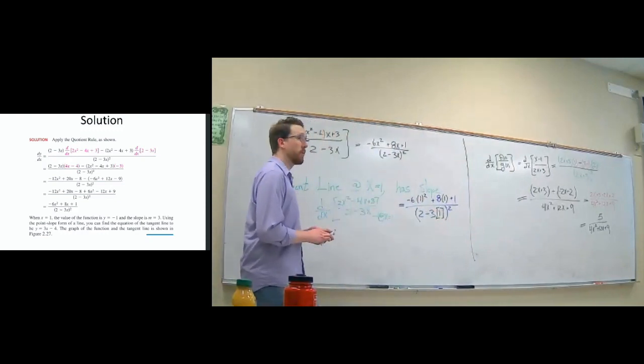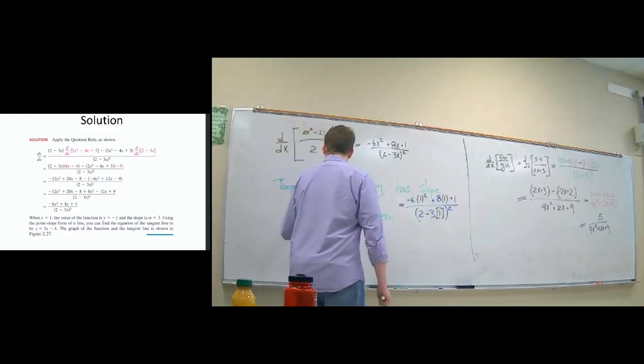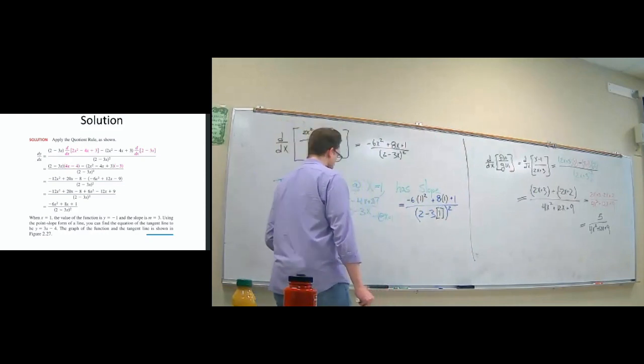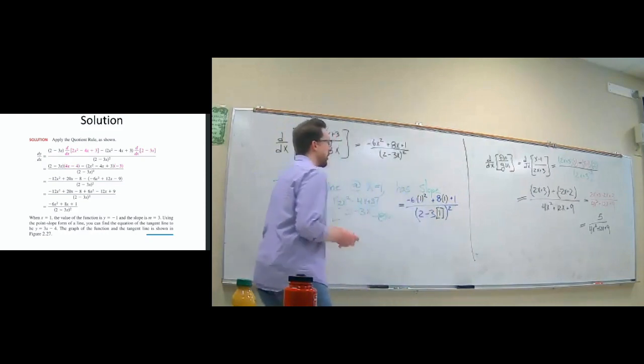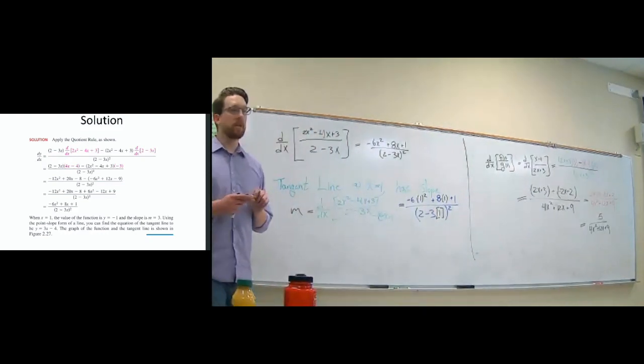That's going to be our slope. Because the slope of the tangent line is equal to the derivative of your function at that x value.